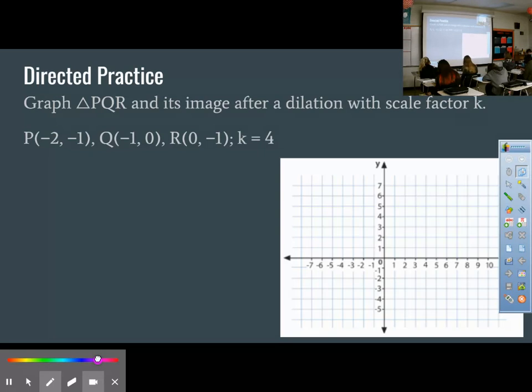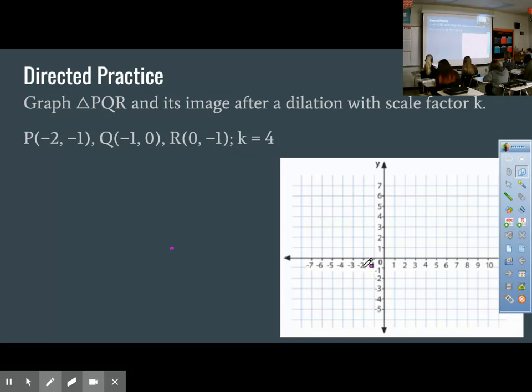Negative 2, negative 1 would be to the left 2 and down 1. Negative 1, 0 would be to the left 1. And 0, negative 1 would be down to negative 1 right there.